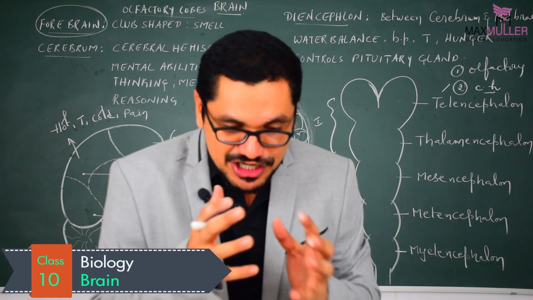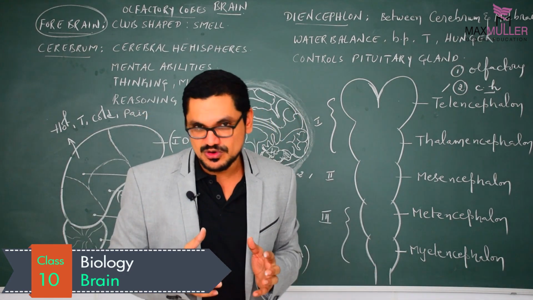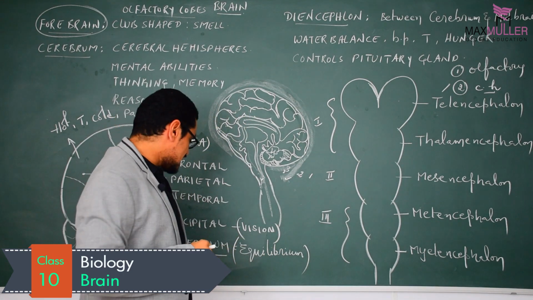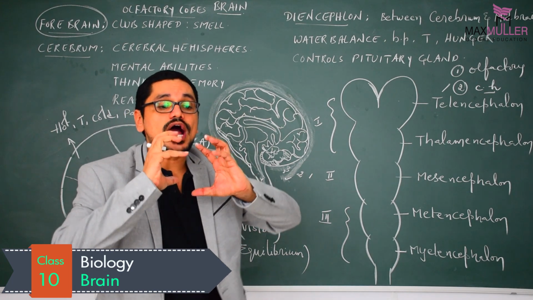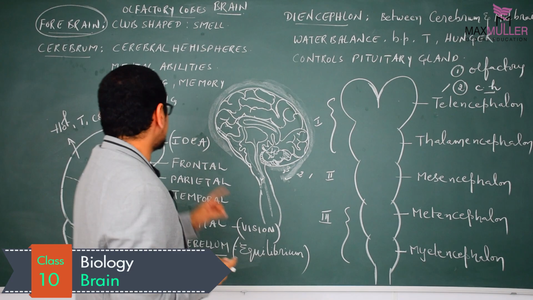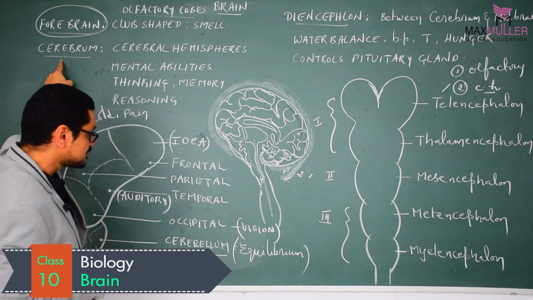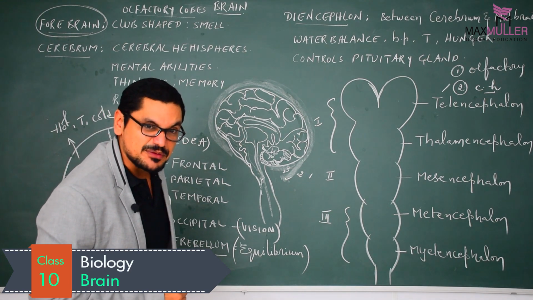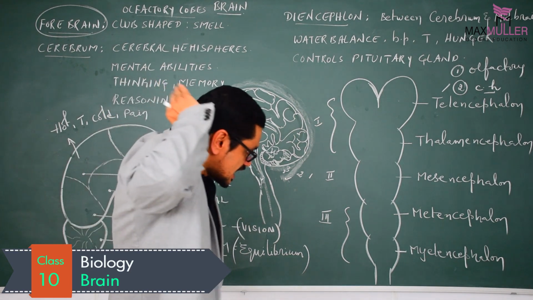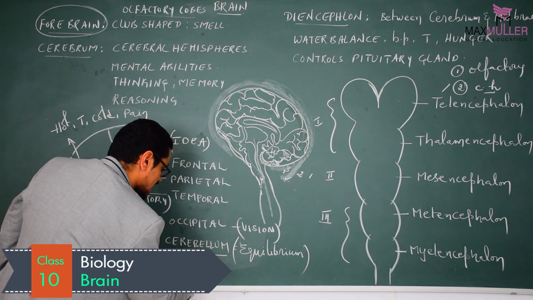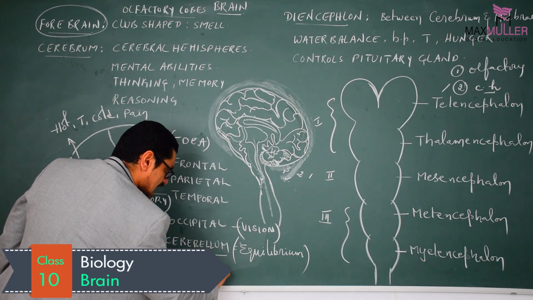Cerebellum is essential for coordination of voluntary activities. Initiation of voluntary activities is because of the cerebrum. Coordination of voluntary activities is because of the cerebellum. That's why, if the cerebellum is damaged for any reason, there may be a chance of ataxia in the person.